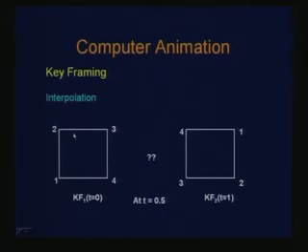Now, there is another issue here. Let us say when we are talking about interpolation, and particularly referring to the interpolation of shapes. Okay. Now, let us say I have an object here for which I have a keyframe 1 at t equal to 0. So, this object is nothing but a square with vertices at 1, 2, 3, 4.